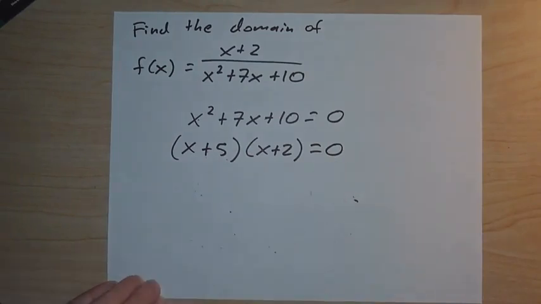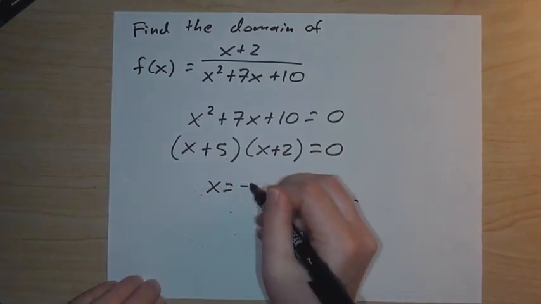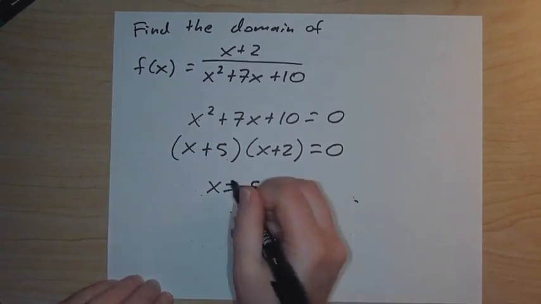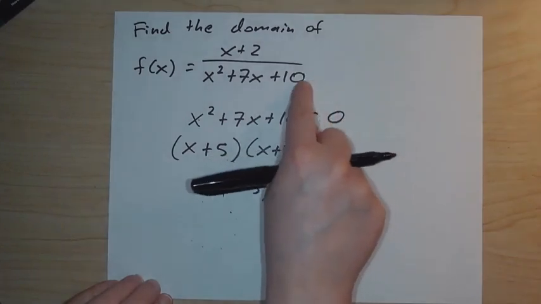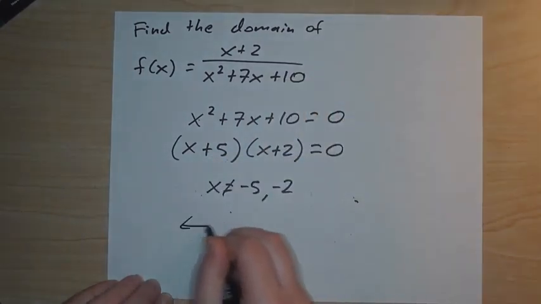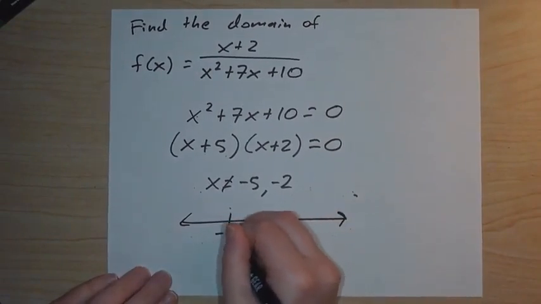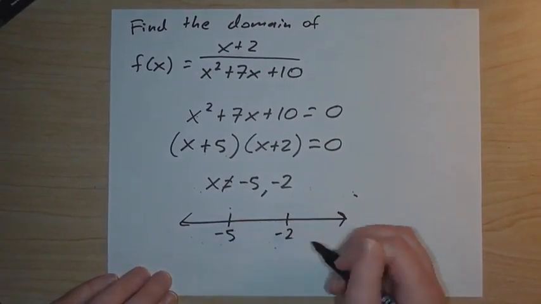Setting these equal to 0, you get x equals negative 5 and negative 2. Or rather, it can't equal those, because then this will be indeterminate. This will equal 0.